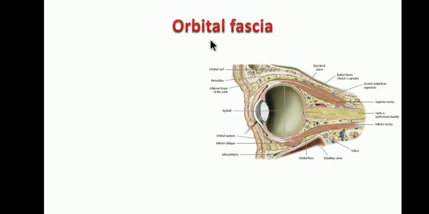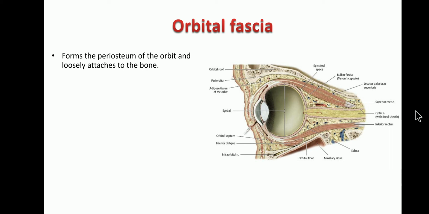Now coming to the orbital fascia, which lines the bones of the orbit. All the walls of the bony orbit are lined by a fascia, which is called the orbital fascia or periorbita. It is the orbital periosteum, and it loosely invests the bone.